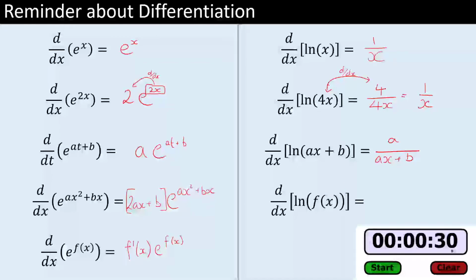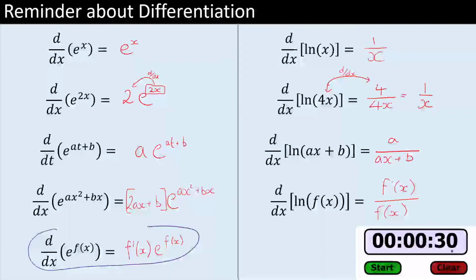So our generalized rule, if we're differentiating a logarithmic function and it's got a function inside of it, what we get is that function as the denominator and its derivative as the numerator. Now those two things that we have there, which I'm going to put a circle around in purple, this thing here and this thing here, those are what we'd call the general rules.